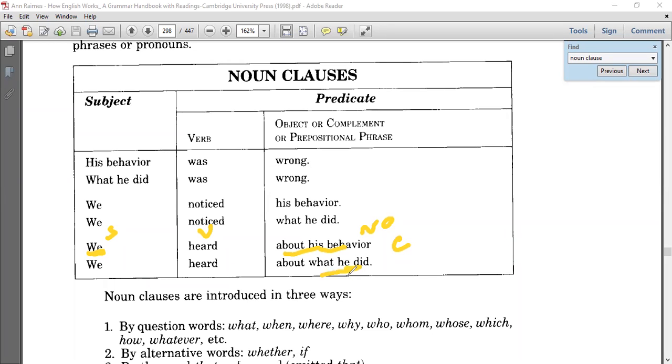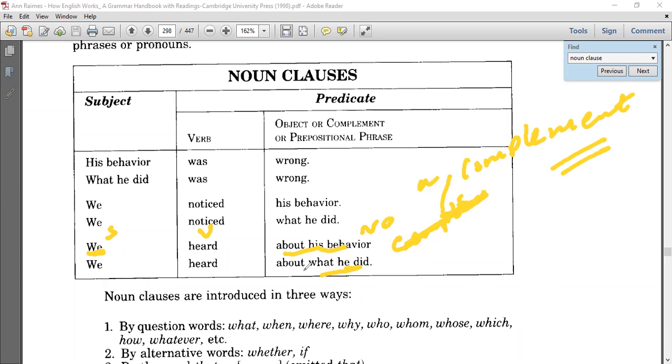Now, here we can see that what he did is a clause, right? This one is complement. Sorry, spelling is wrong. Complement, right? So please avoid writing it with I, right?